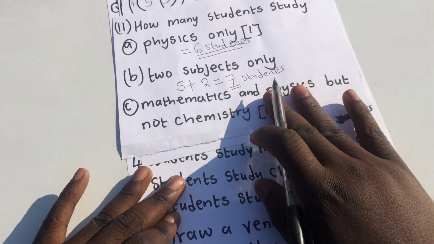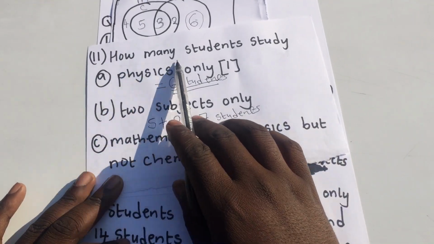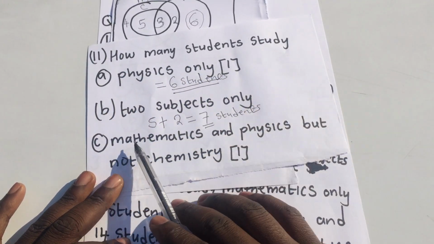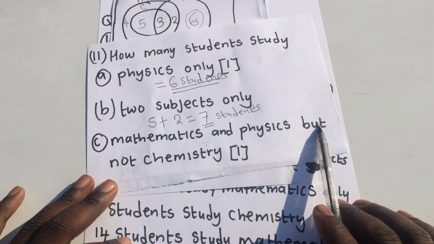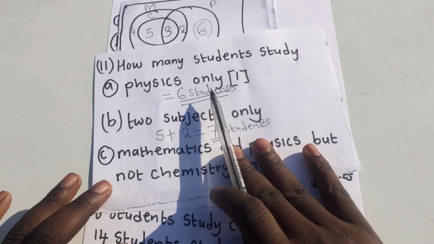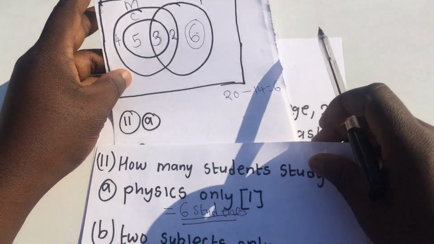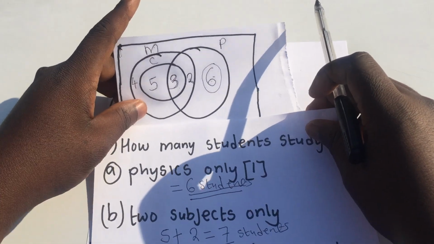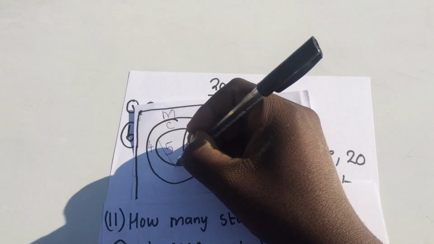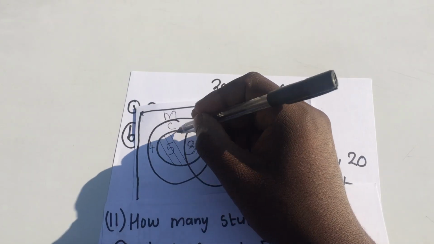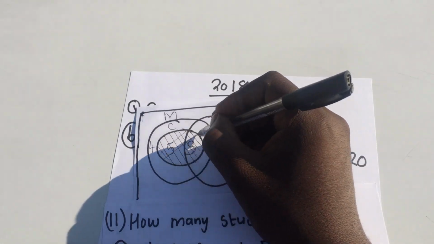We come to C. C reads as, how many students study mathematics and physics, but not chemistry? So once you meet a question that demands you to answer it like that, what they are trying to ask you is that don't touch anything in chemistry, remove chemistry.